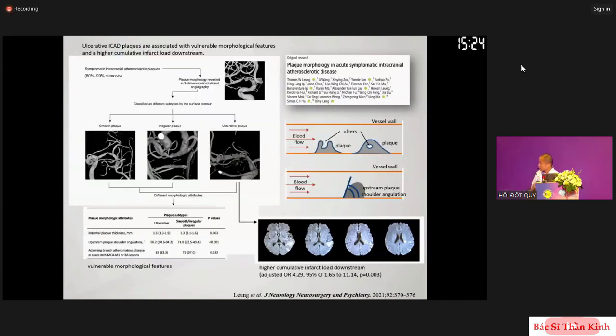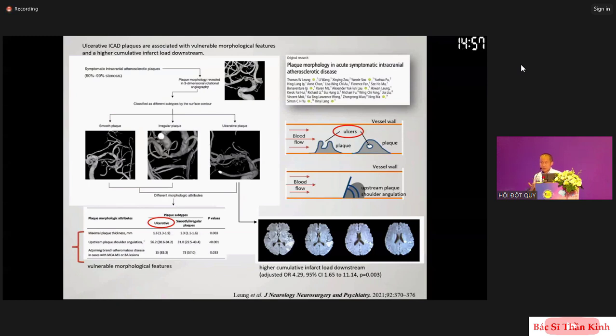So in this cross-sectional study, we found that ulceration is an imaging evidence of plaque rupture. Ulceration here is strongly associated with the plaque thickness, upstream plaque shoulder angle, as well as the adjacent branch atheromatosis.